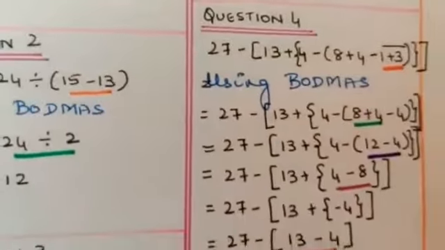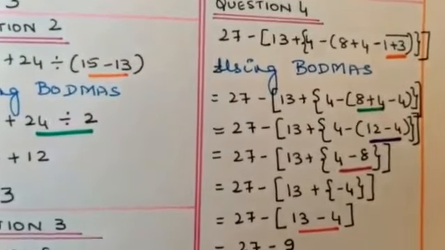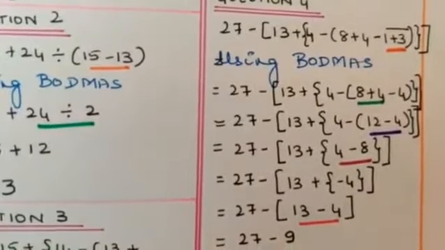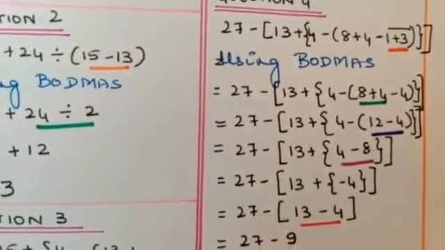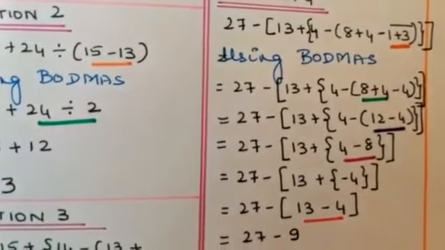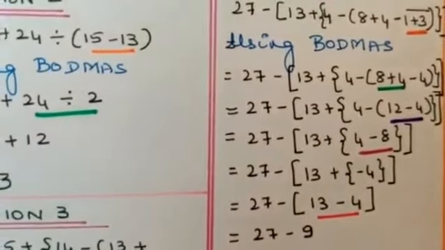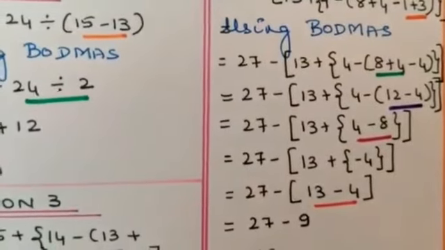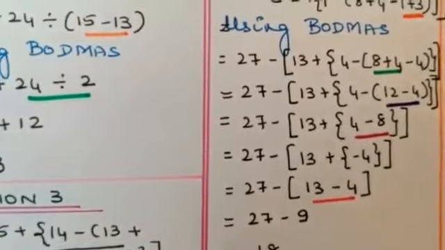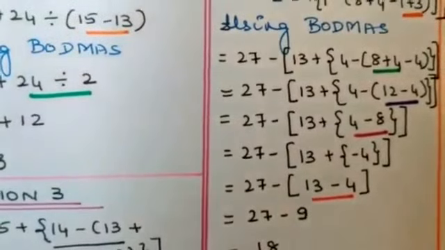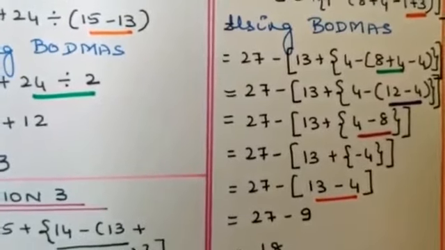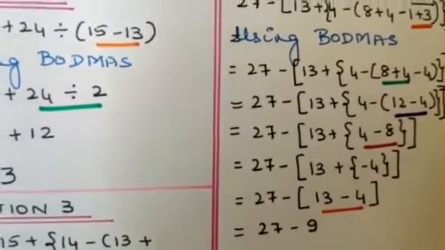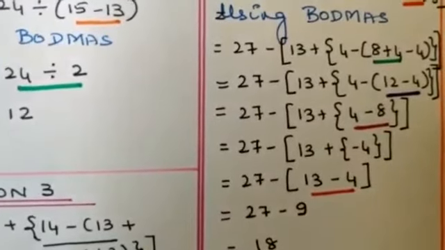Next we move on to question number 4. 27 minus 13 plus 4 minus 8 plus 4 minus 1 plus 3. First the vinculum bracket is solved, and then we go ahead and solve whatever is there in the simple bracket, which comes to 27 minus 13 plus 4 minus 12 minus 4, because we do the addition first, that is 8 plus 4, that becomes 12 minus 4. Now we move on to the operation inside the simple bracket.